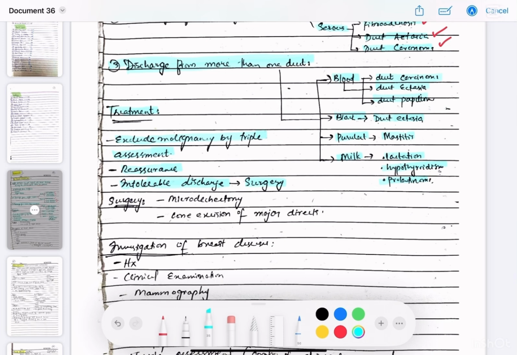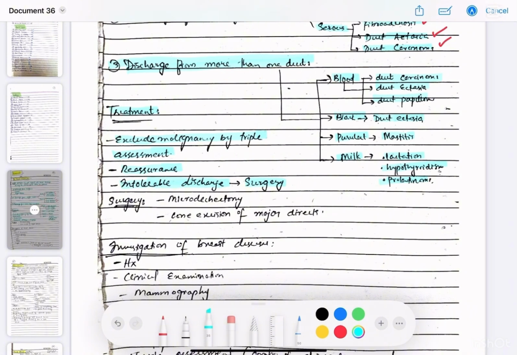We will look at the type of discharge, then give our differential diagnosis, then investigate and manage the patient accordingly. Before providing treatment, we will do the triple assessment and exclude malignancy. And if the discharge is intolerable, then surgery is the option.